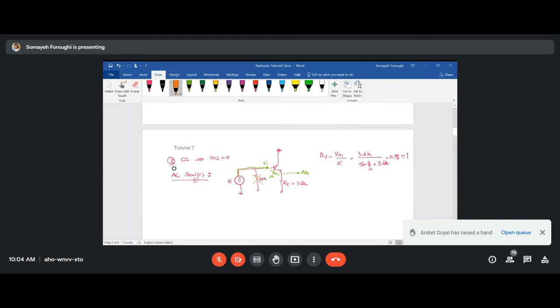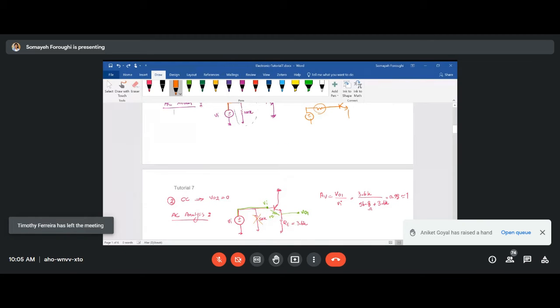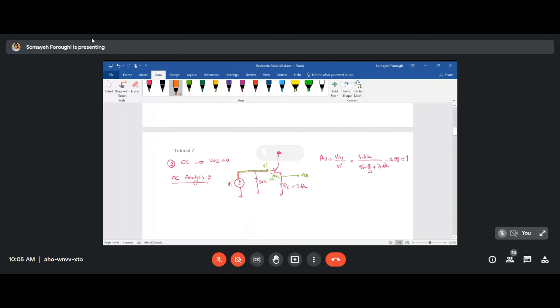The last bit: wouldn't you technically want to do the resistance reflection rule for the RE? Usually it depends. For this example, the little RE is already in the emitter, and I have something else in the emitter as well, so it's much easier to keep all the resistance in the emitter.